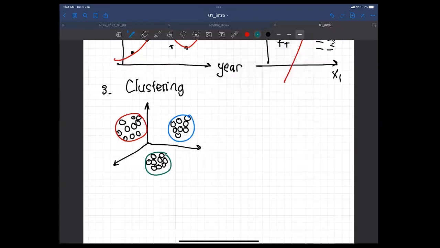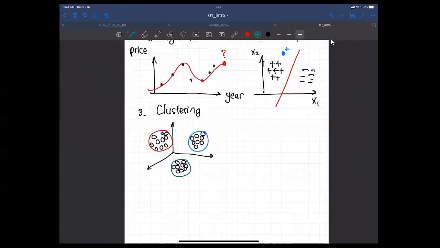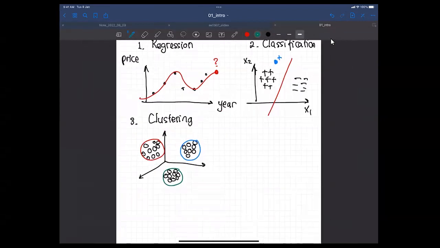This is the main difference between clustering and classification. In classification, you have labels, and then you try to find a line that divides the two separate classes. In clustering, you have a cluster of data, and you want to cluster them so they can be separated without any labels in the data. Any questions here?